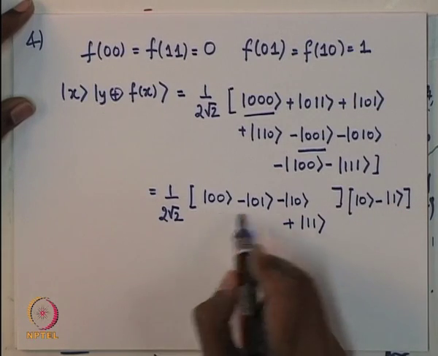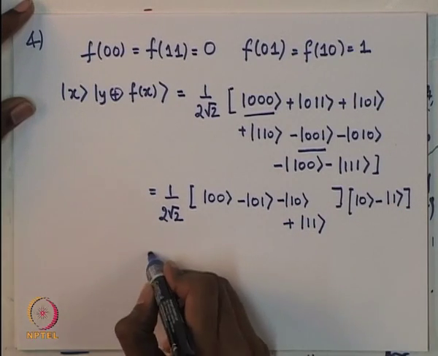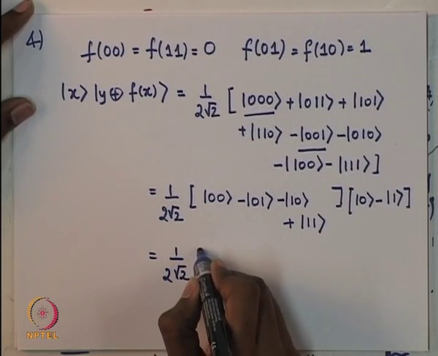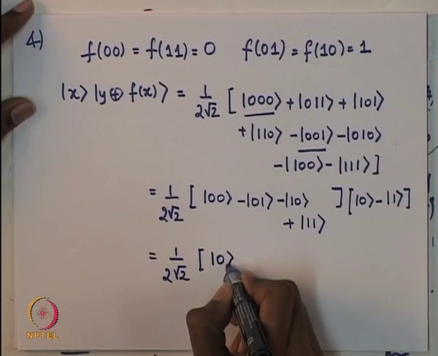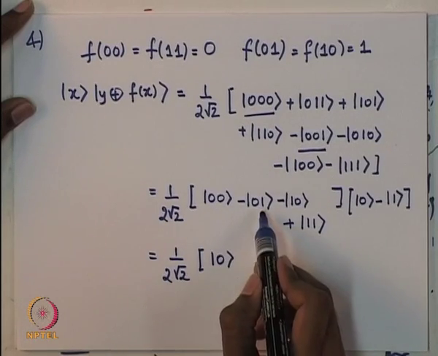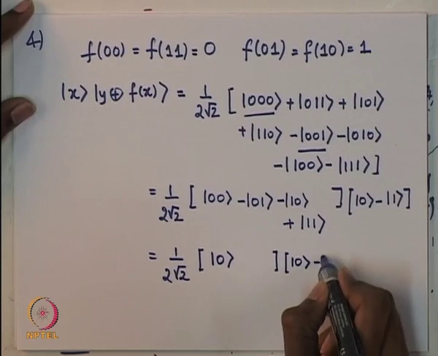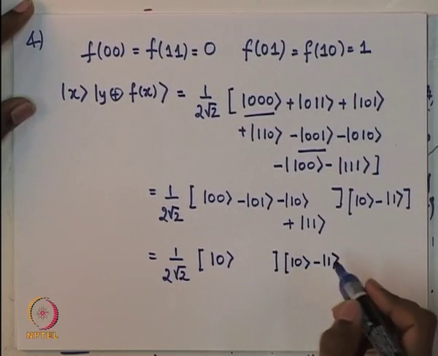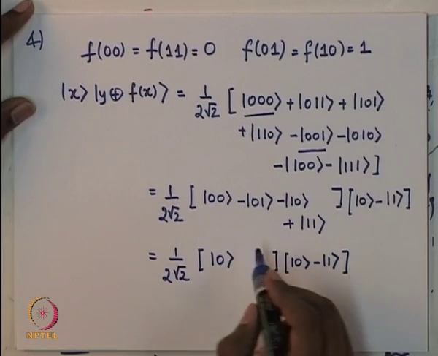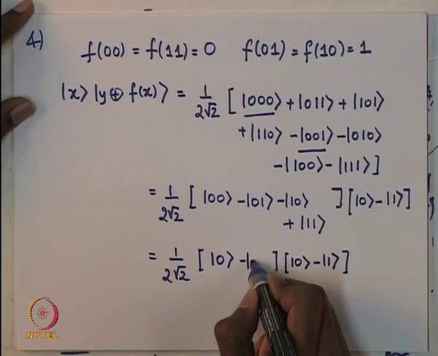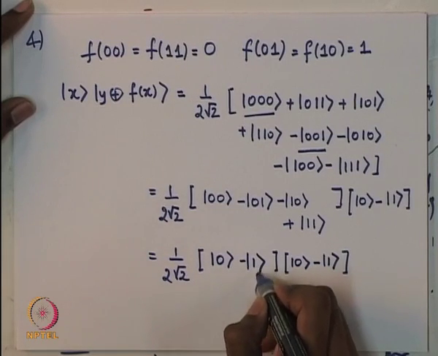Now again we can split this term into two terms. Splitting these two terms, we obtain this term. And now we can see that this would be minus qubit 1.